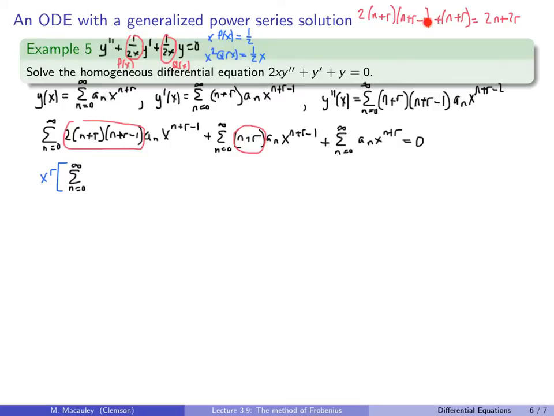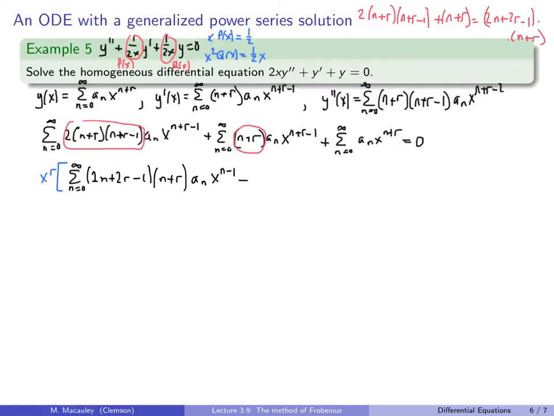So minus 2 plus 1 is minus 1 times n plus r. Okay, so that is going to be 2n plus 2r minus 1 times n plus r times a_n times x to the n minus 1.